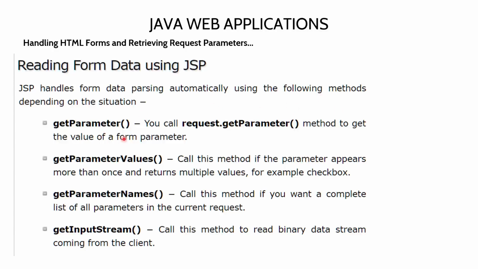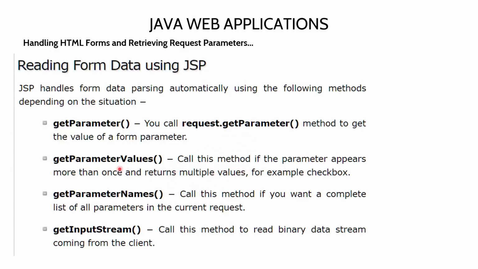So, getParameter gets the value of a form parameter. If we're passing in a parameter like our username or our password, request.getParameter can return that for the JSP. If we're posting that to the JSP, we'll actually get the data the user is sending us.